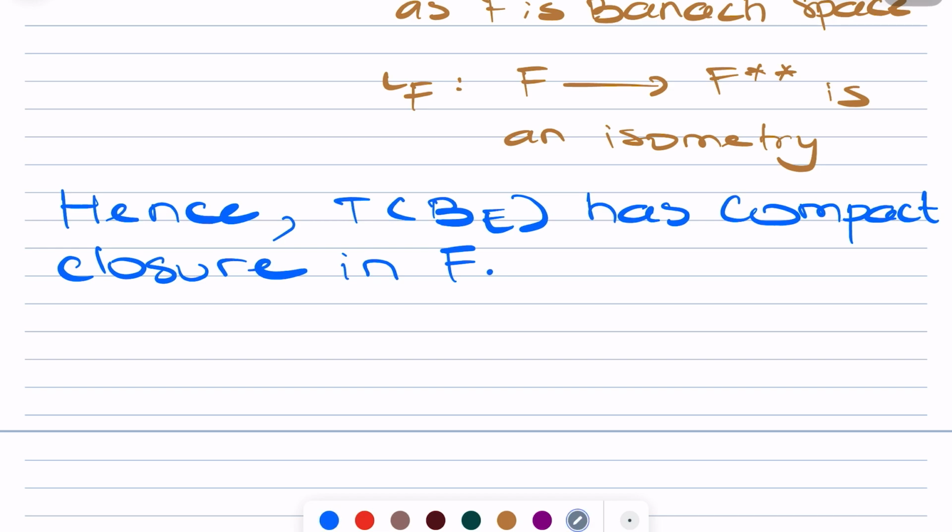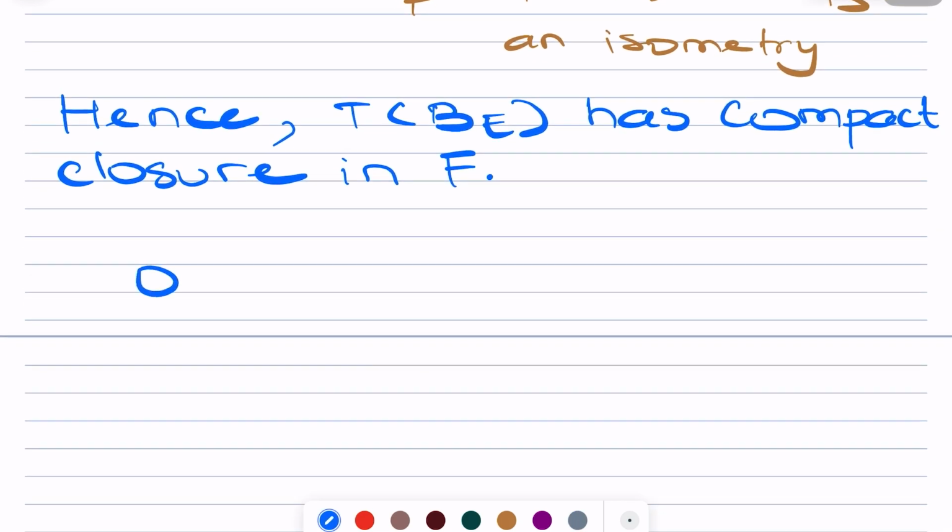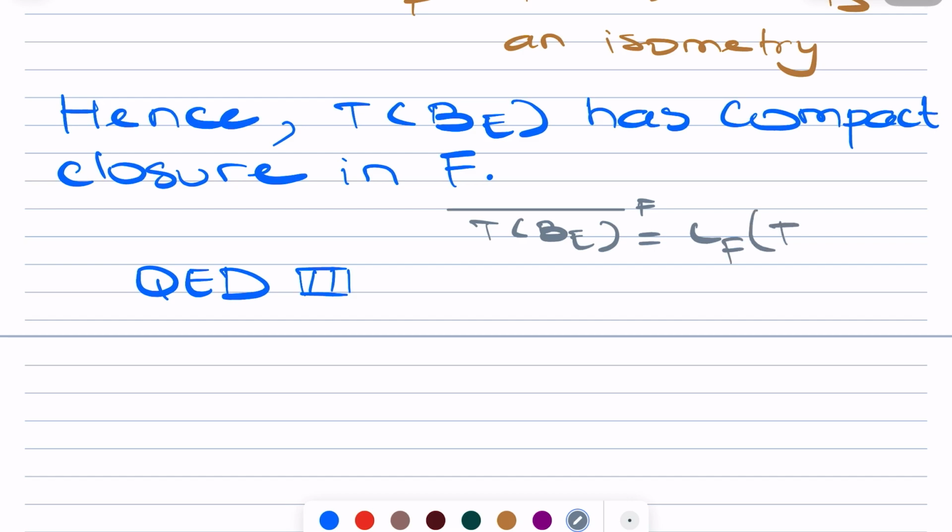So this is the end of the proof. If you are still confused about why this has compact closure, observe that the closure of this set in F, the image of the closed unit ball, is exactly equal to iota of F of the closure of T B_E, but in F star star.